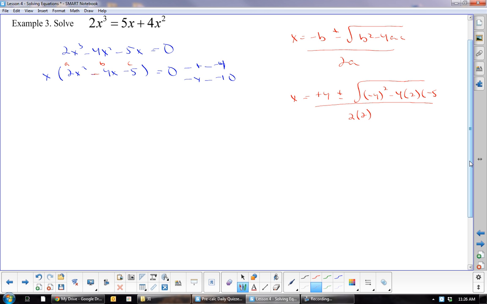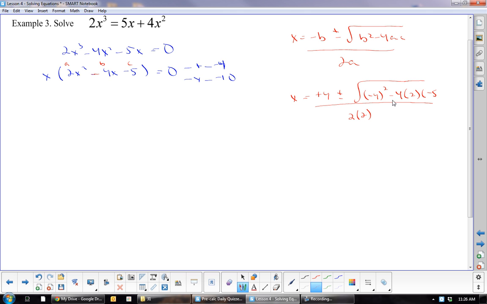Does anyone remember what this is called underneath the square root sign? More specifically, when it comes to the quadratic formula, it's called the discriminant, because it discriminates what's going to happen. If this is 0, we'll only get one answer, because 4 plus 0 divided by 4.